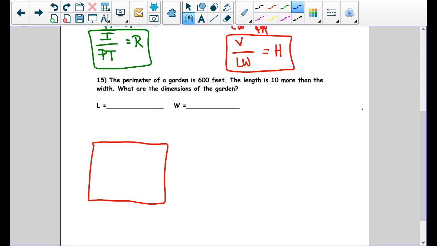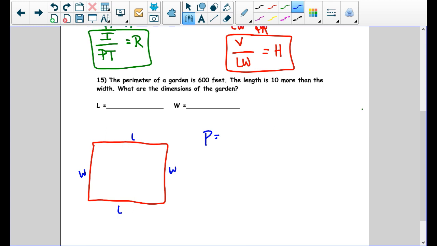I have my length and my width, right? 2 dimensions. How do I calculate the perimeter? Yeah, I'm adding all the sides up. So, adding up length plus the width plus the length plus the width.